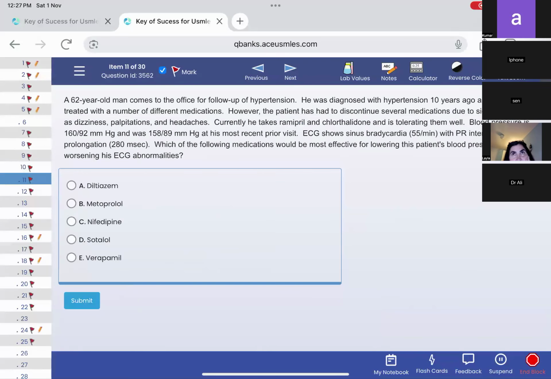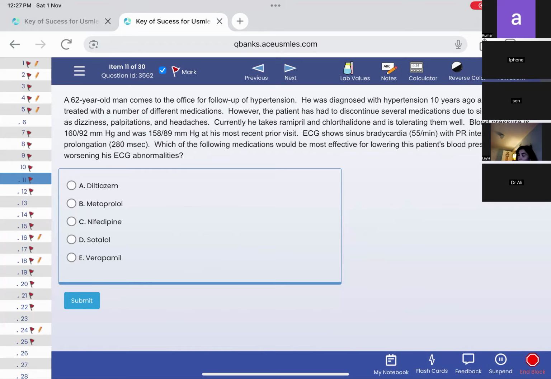Any volunteer? Which of the following medications would be most effective for lowering this patient's blood pressure without worsening his ECG abnormalities? A 62-year-old man comes to the office for follow-up of hypertension. He was diagnosed with hypertension 10 years ago and has been treated with a number of different medications. However, the patient has had to discontinue several medications due to side effects such as dizziness, palpitations, and headaches.